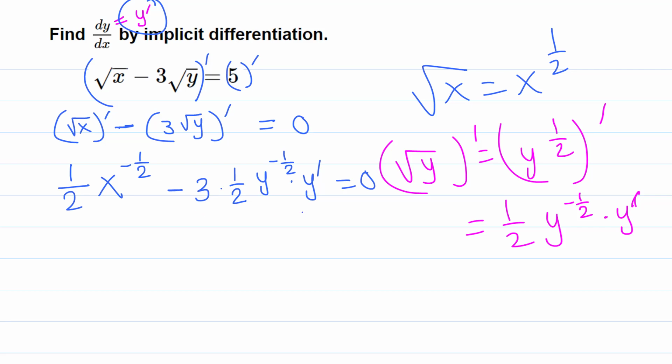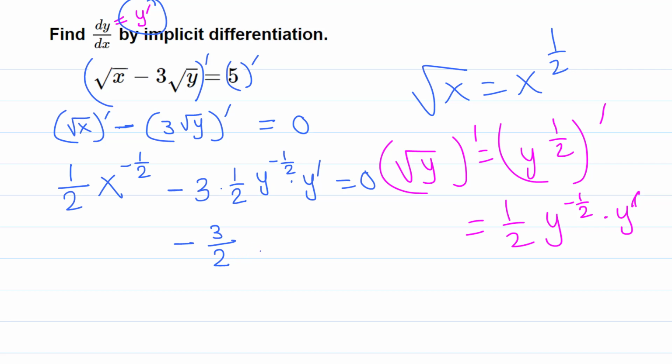This is one term, this is another term. So let's subtract 1/2 x raised to negative 1/2 from both sides. Then I have now negative, this is 3 times 1/2, which means 3 halves. Y raised to negative 1/2 we can put on the bottom.